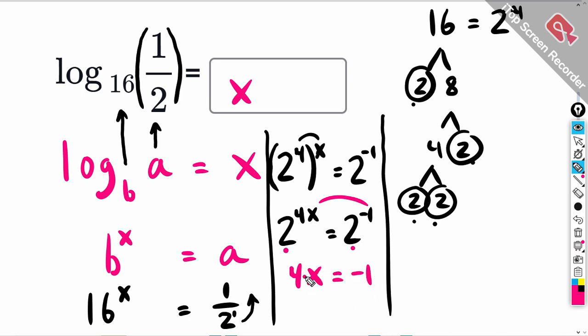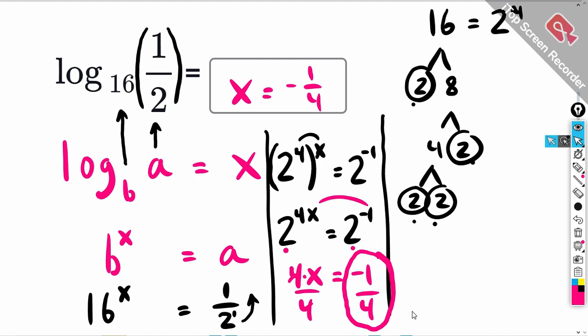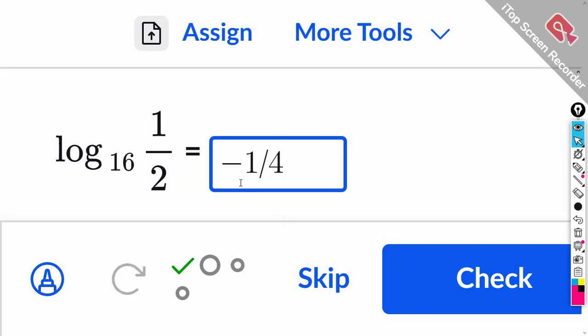Solving for x, the opposite of times 4 is divided by 4. And, of course, the 4s cancel. We're left with negative 1/4. All right, so negative 1/4 right in the box.